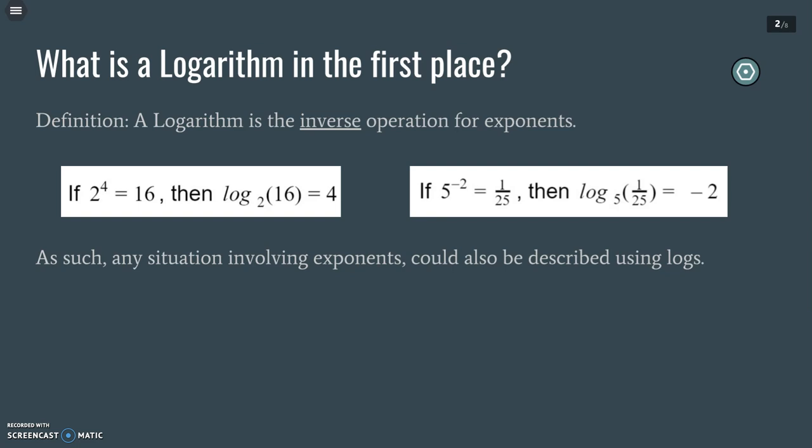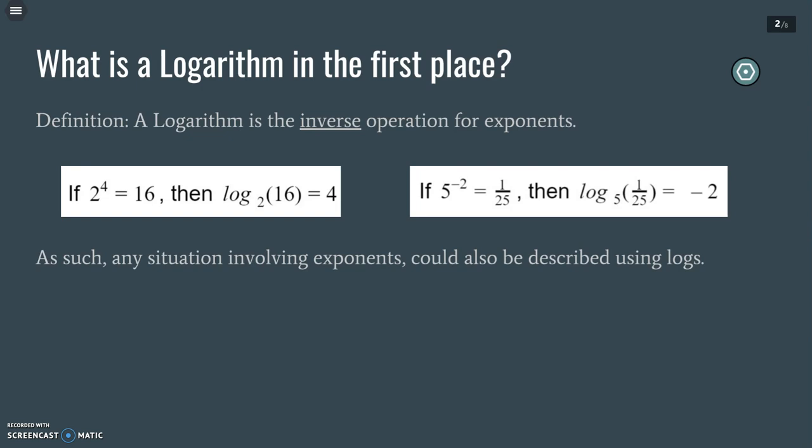We already know that exponents are just repeated multiplication. 2 times 2 times 2 times 2 is 2 to the fourth. Well, 2 to the fourth is 16. As such, the logarithm at that base of 2 applied to the number 16 becomes 4.